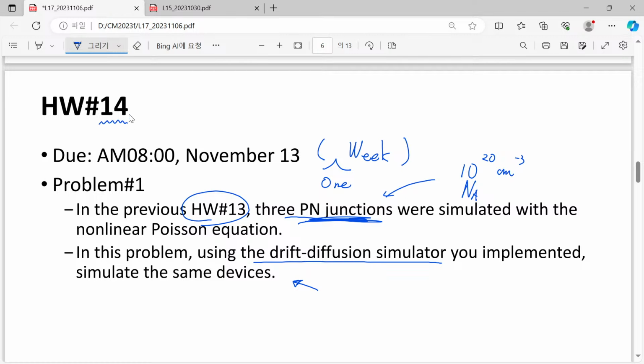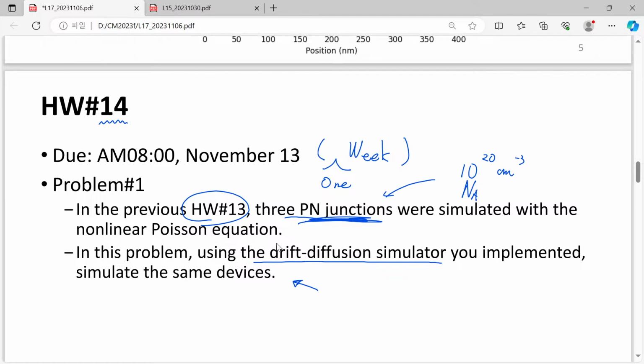So if you implement your drift diffusion simulator without any error, that is quite a seldom case, then you will get the solution almost immediately. However, we are all human beings and we are prone to make mistakes. So sometimes when you make mistakes, although we start from the exact solution, your drift diffusion simulator may not converge easily.